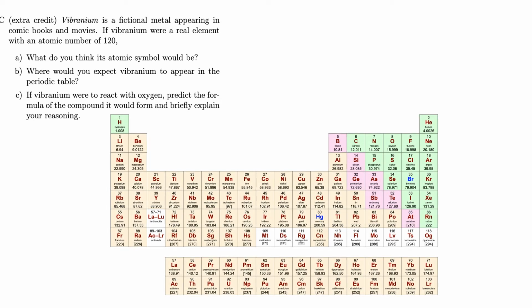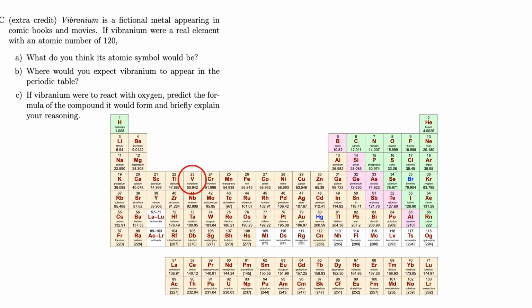As far as the atomic symbol for vibranium, the first choice would be V, except V is already taken for vanadium. And really, there's no rule as to what an atomic symbol has to be.